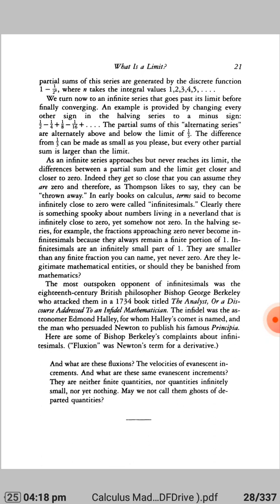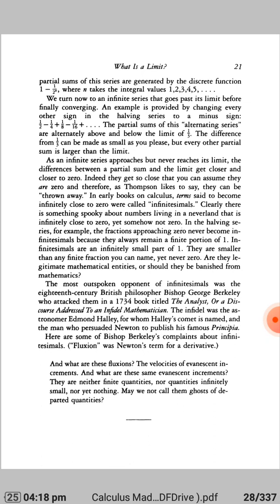An early book on calculus termed numbers infinitely close to zero infinitesimals. Clearly, there is something spooky about numbers living in a neverland that is infinitely close to zero, yet somehow not zero.